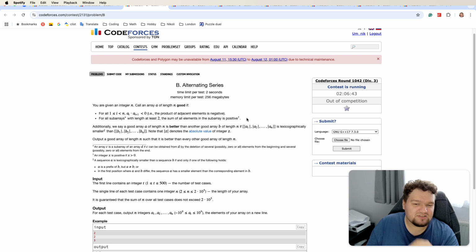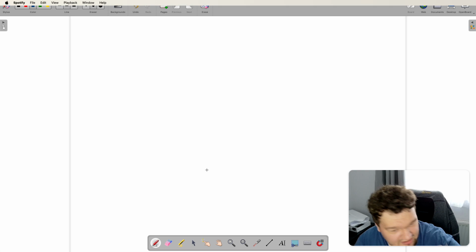If the length of the array is at least 4, then we will have at least 2 negative elements, and we can have a subarray with endpoints in those negative elements. So, okay, yes, I need to draw stuff.